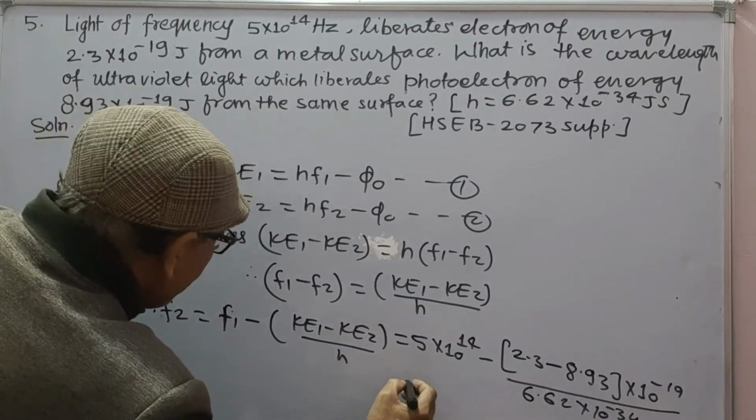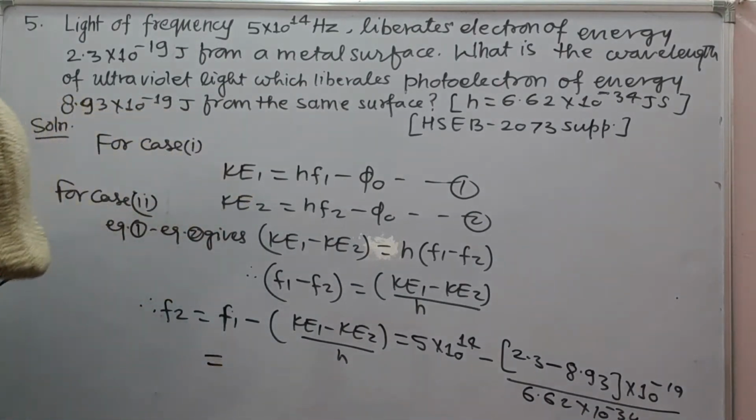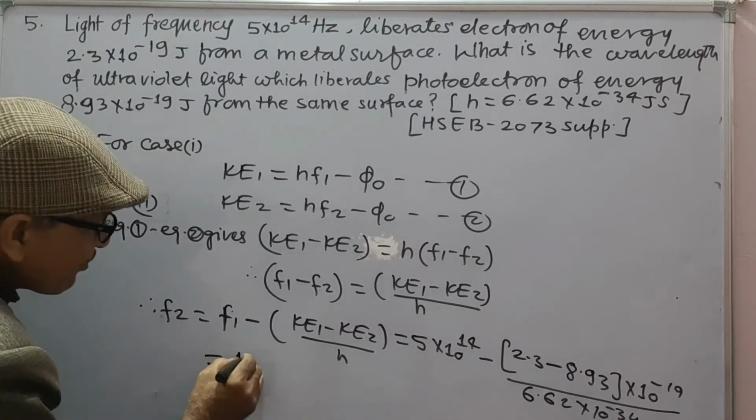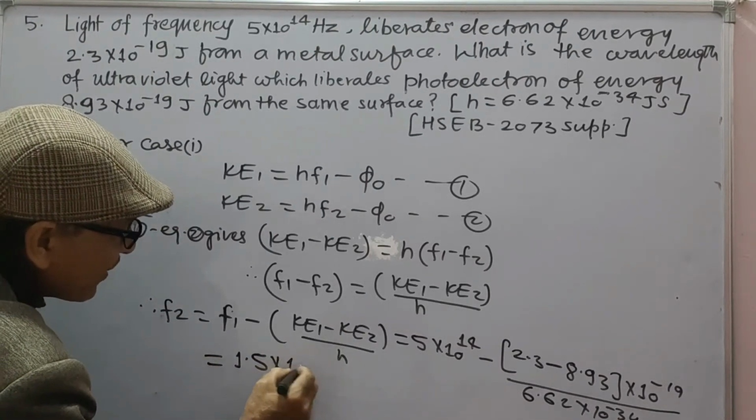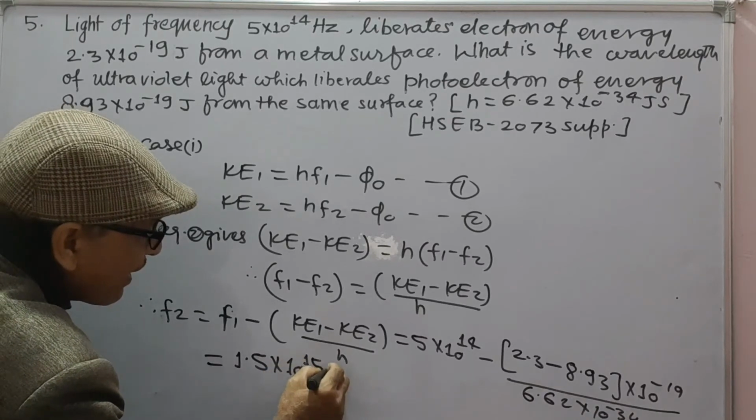On simplification we get f2 as 1.5 × 10^15 Hertz.